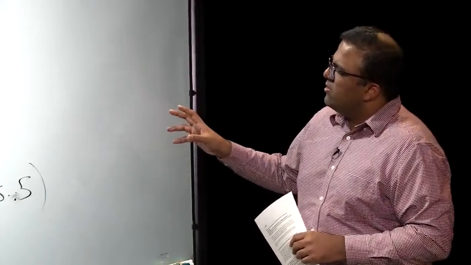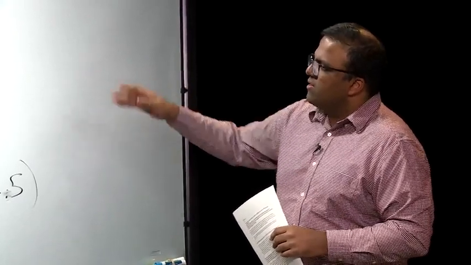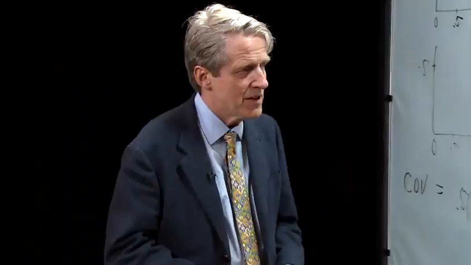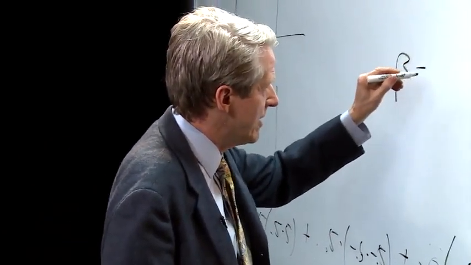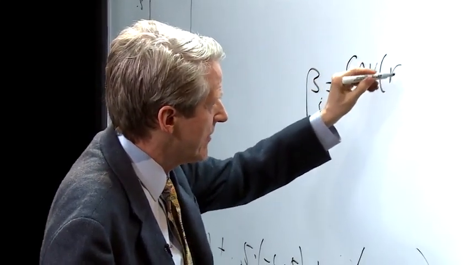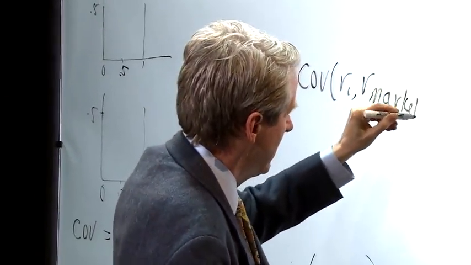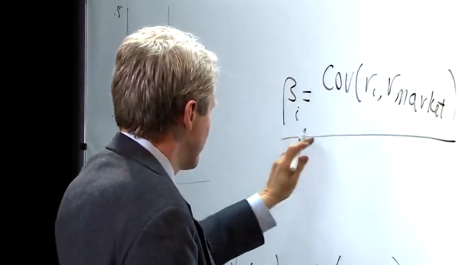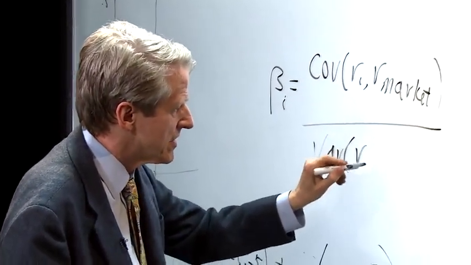And this idea seems quite similar to when we were talking before about the market return versus Apple. And so then we had different betas. And so that's kind of getting at covariance. In fact, the beta of the ith stock is its covariance with the market divided by the variance of the return on the market.